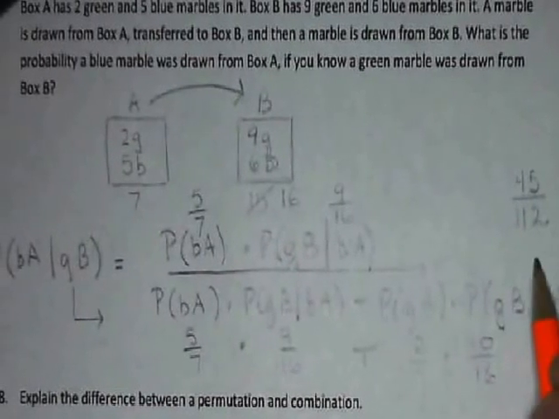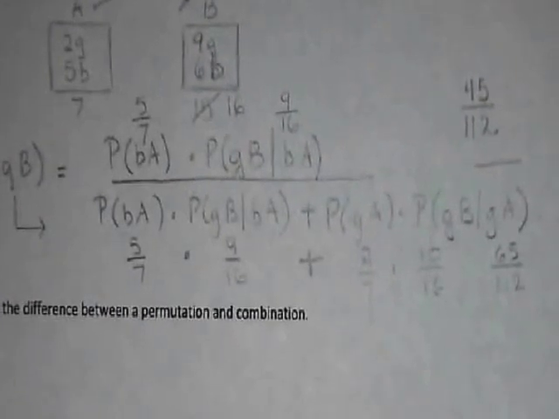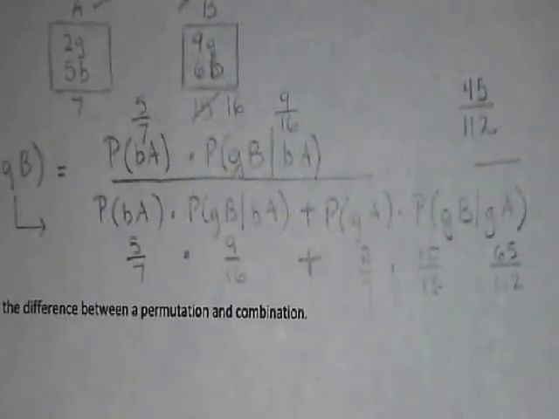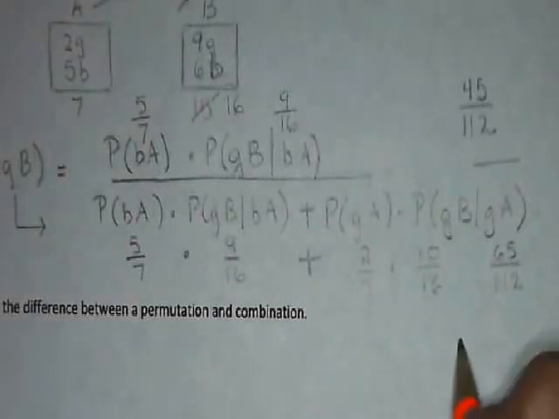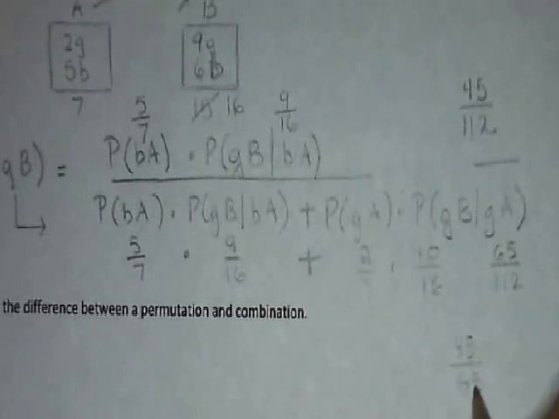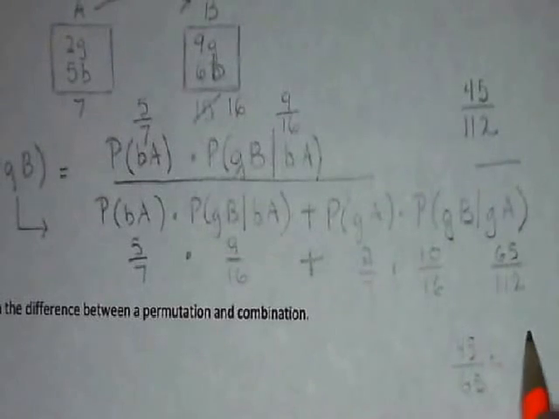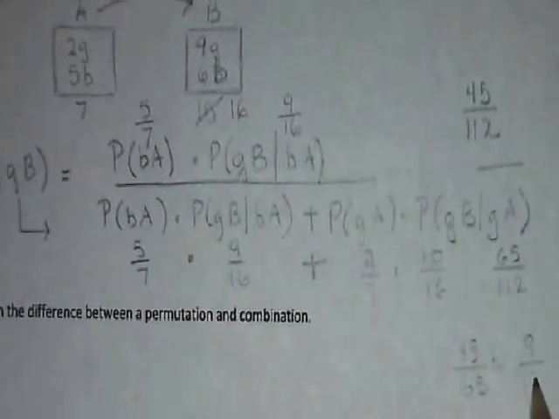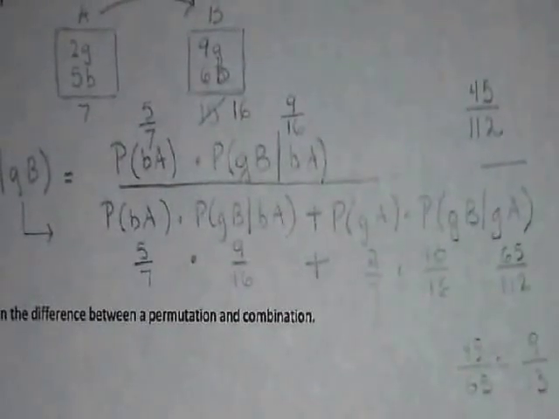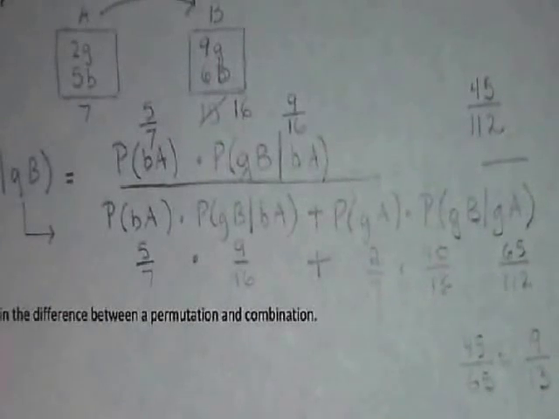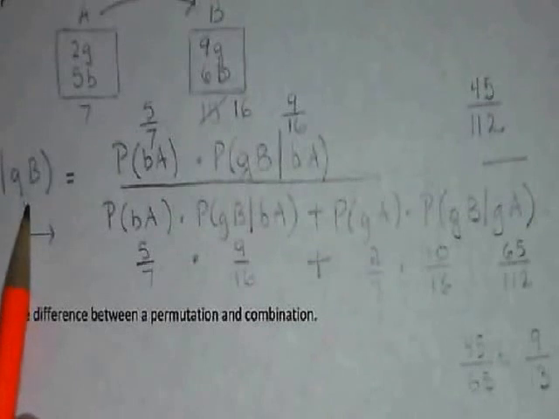And so looking at this, if I have 45 over 112 over 65 over 112, that's the same thing as having 45 over 65. And 45 over 65 reduces by dividing each of those by 5 to 9 over 13, which is in fact the probability of getting a blue marble from box A given we chose a green marble from box B.